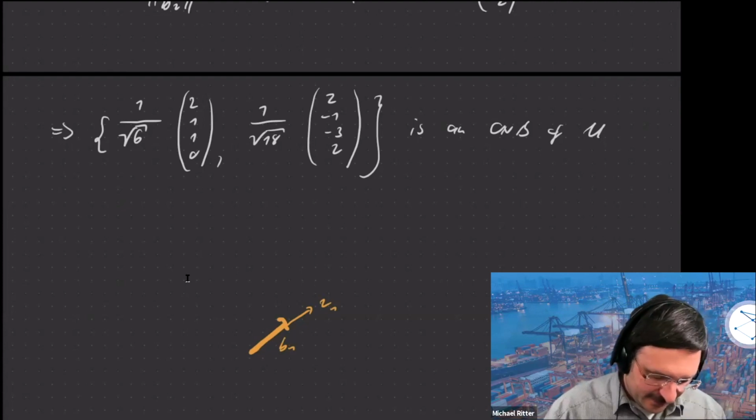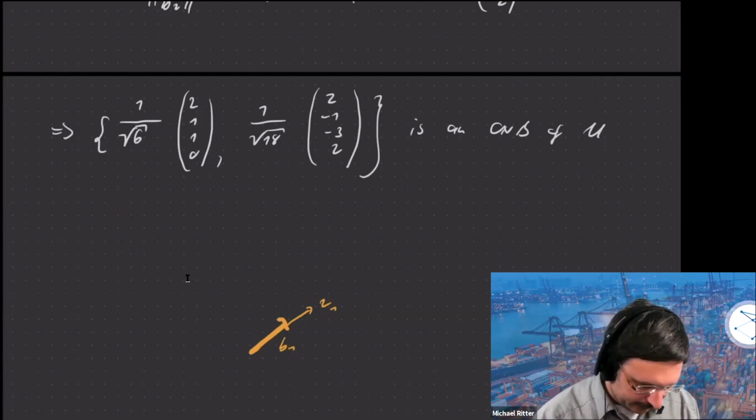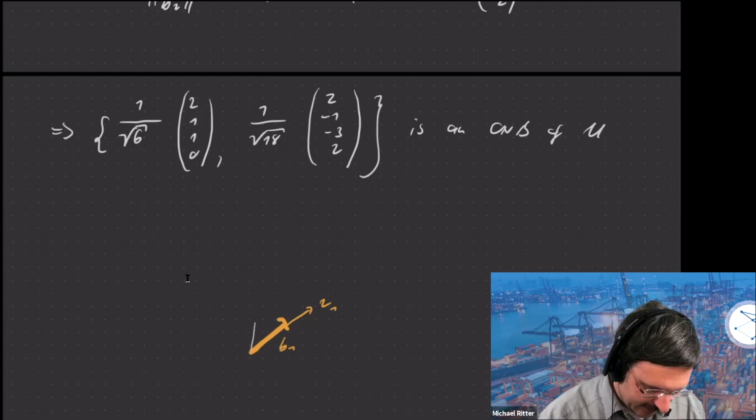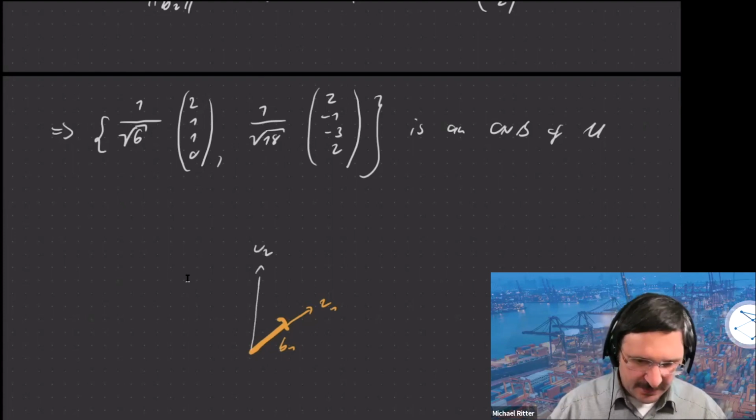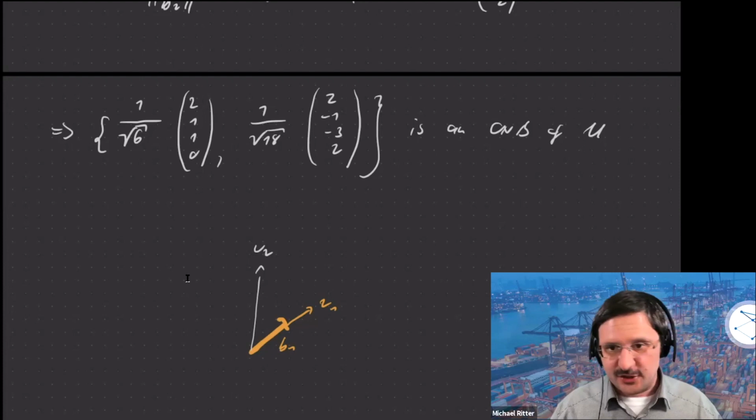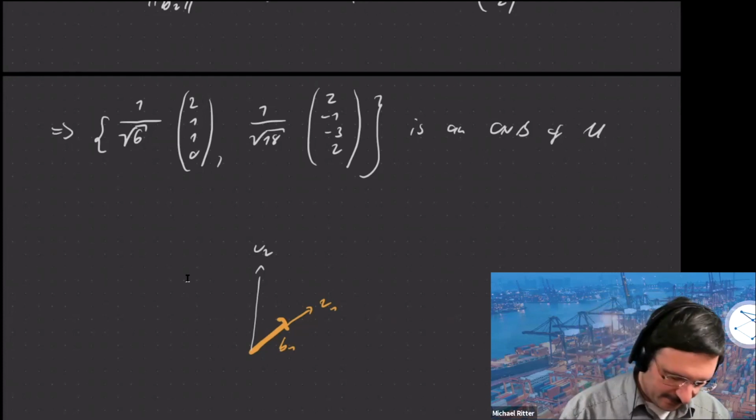And then we have this other vector, V2, and let's say that looks like this. Then what we do is we decompose that V2 into a part that is parallel to B1 and a part that is orthogonal to B1.